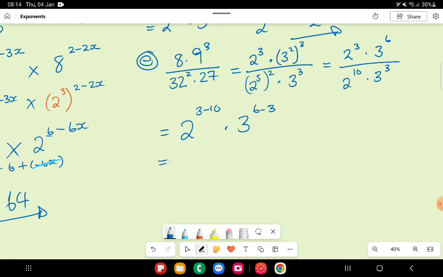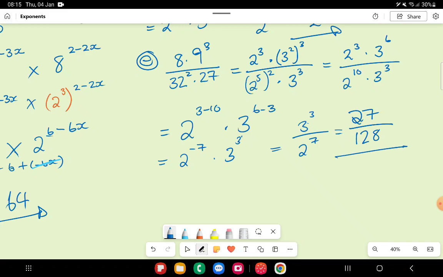That gives me 2 to the power of -7 times 3 to the power of +3. So as a fraction, this becomes 3 cubed over 2 to the power of 7, which then further simplifies to 3 cubed is 27 over 2 to the power of 7, which is 128. And that's it, 128. That's your final answer.